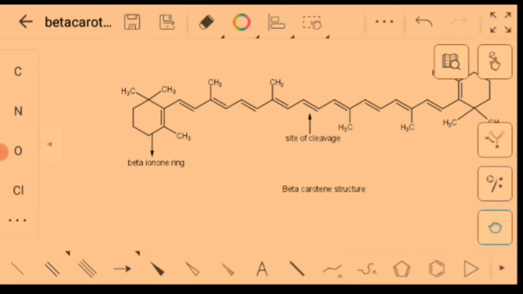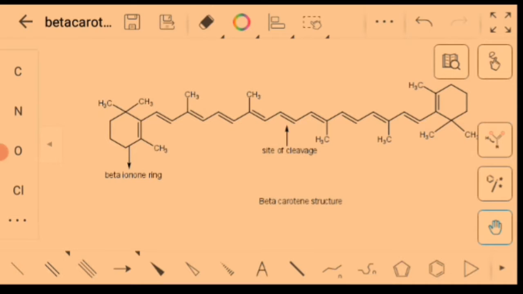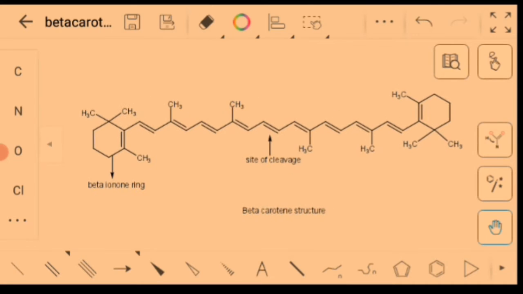So this is our beta ionic ring, and according to our earlier conversation, you can see that the beta ionic ring here is just inverted on this side. It is the same thing, just like it was turned upside down. So this is the second beta ionic ring, which makes the two beta ionic rings that the beta carotene structure has.